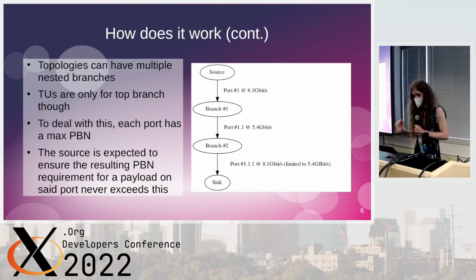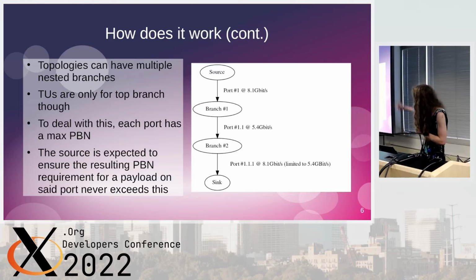So topologies can have multiple nested branches. This means, if you're imagining plugging multiple hubs into each other, that's actually a thing that is supported. But time units are only for the top branch, which is what the red part was indicating before, which means in order to deal with this, we also have to take into consideration the bandwidth limits that come down lower in the topology.